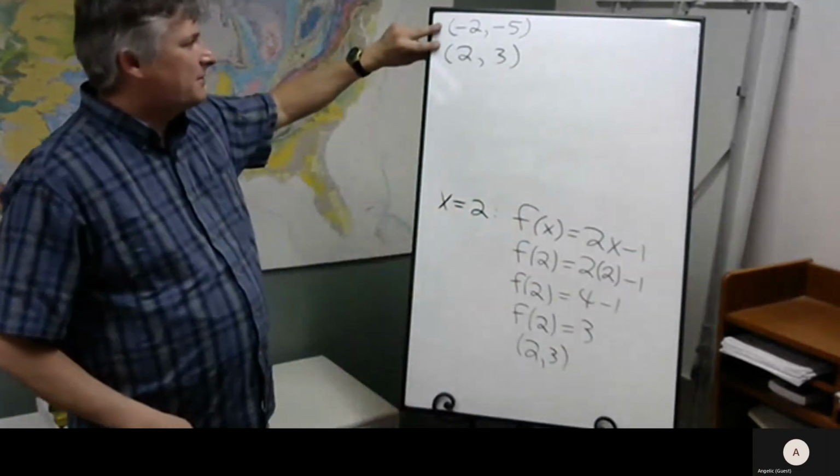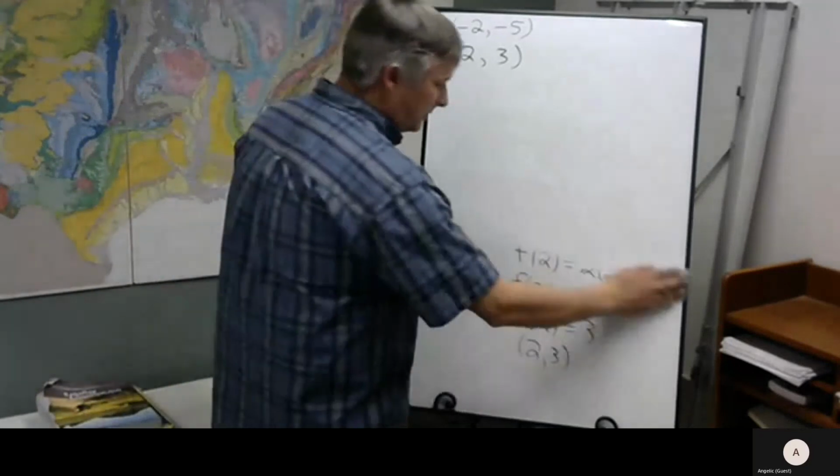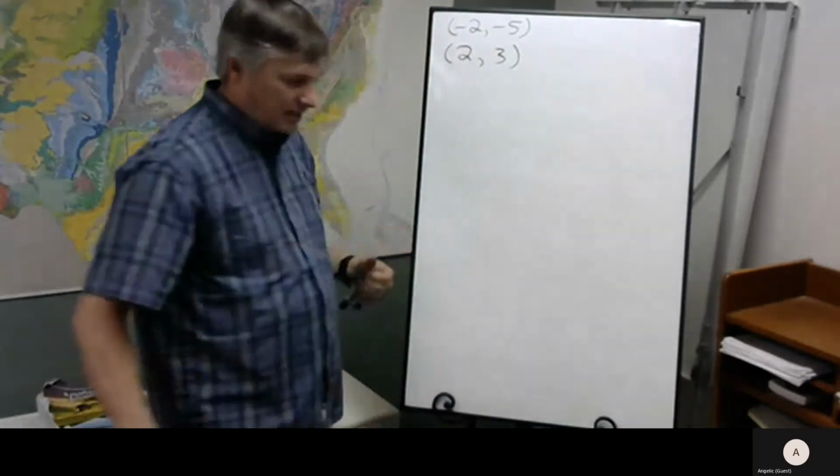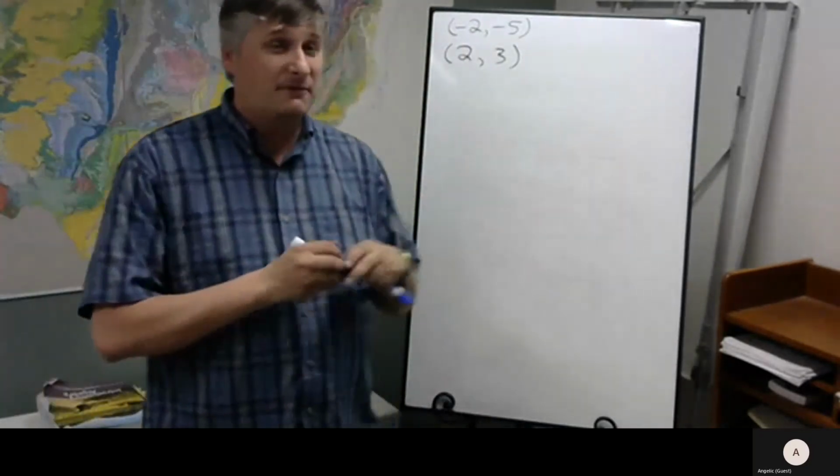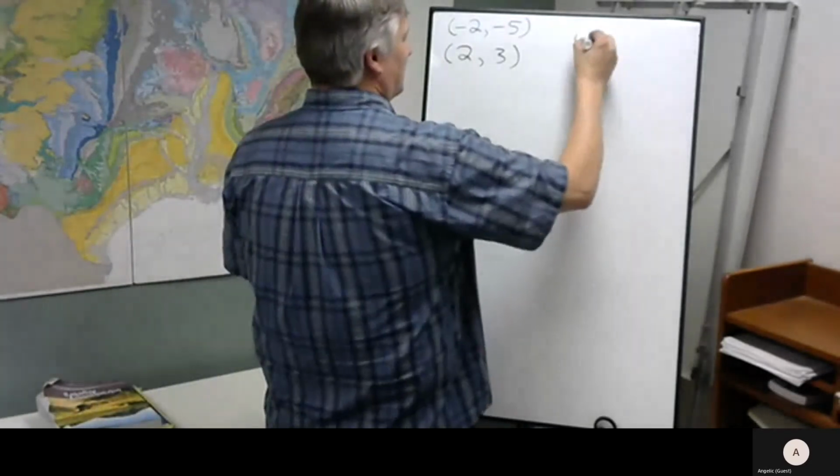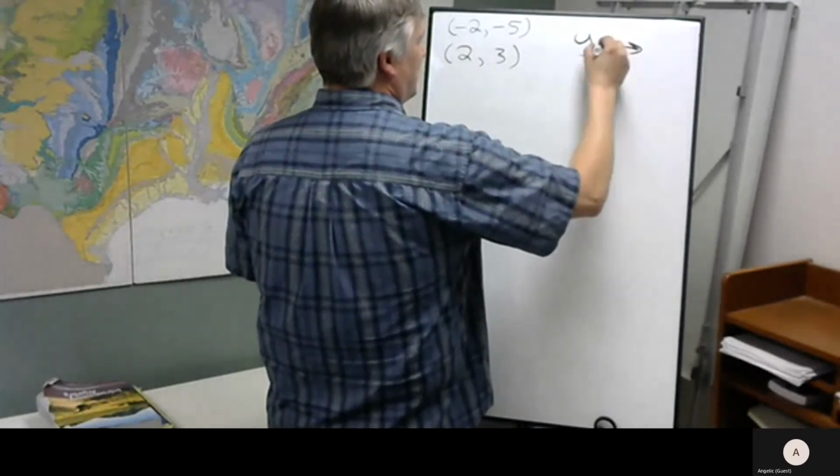So we're going to graph these 2 points. And if it helps, again, you can exchange y and f of x. They symbolize the same thing. They're the output.